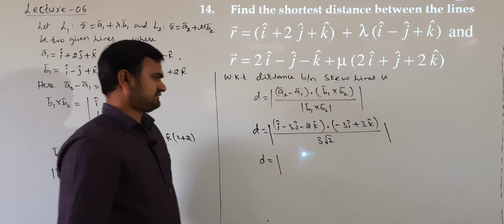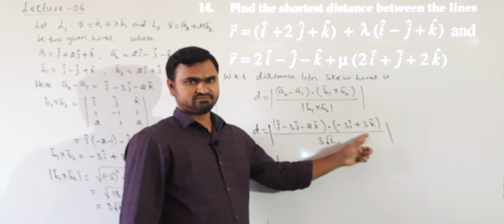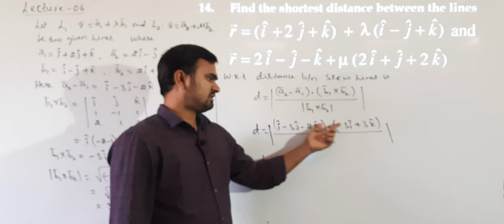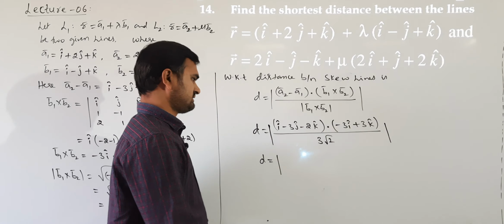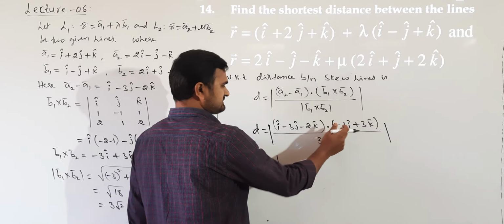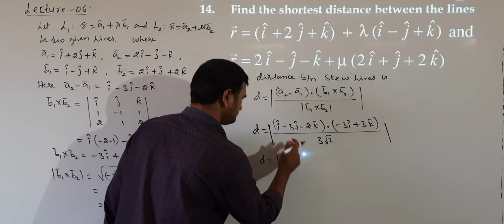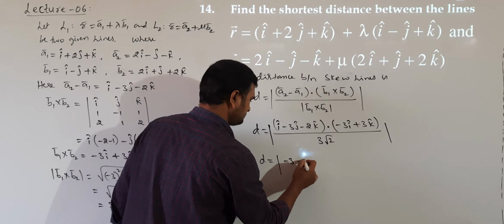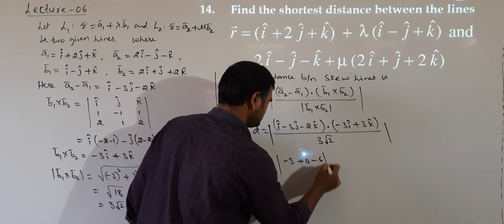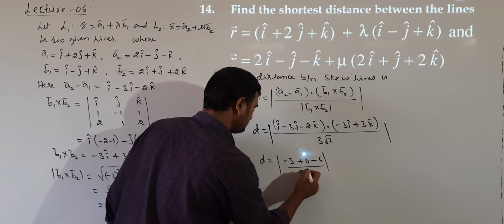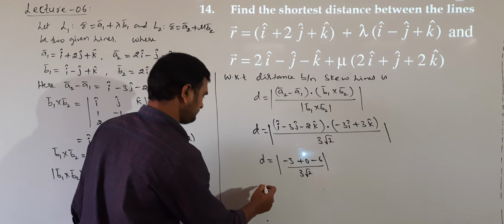So how do we take the dot product? It is like a bar dot b bar: multiply corresponding components and take the summation. 1 into minus 3 is minus 3, minus 3 into 0 is 0, minus 2 into 3 is minus 6, divided by 3 root 2.